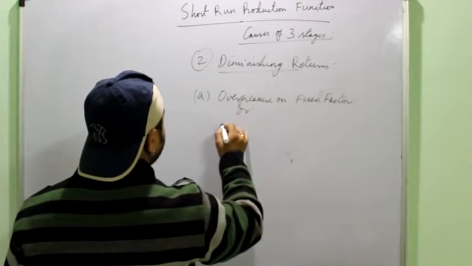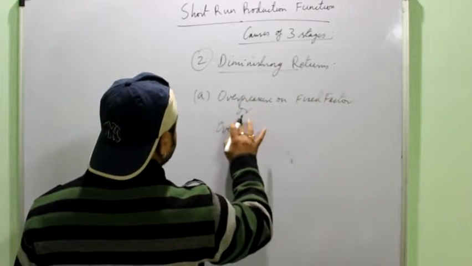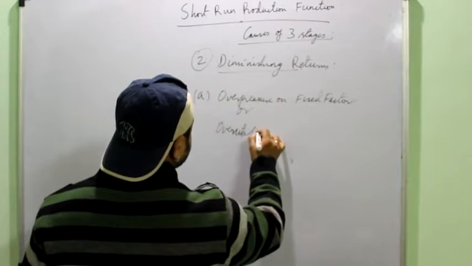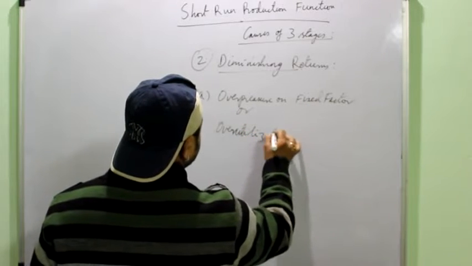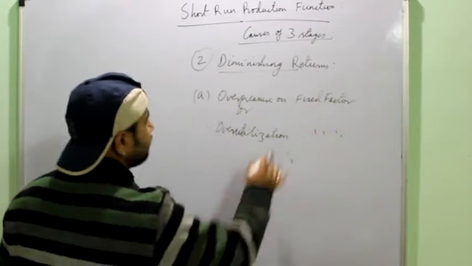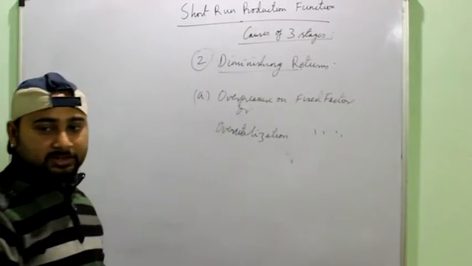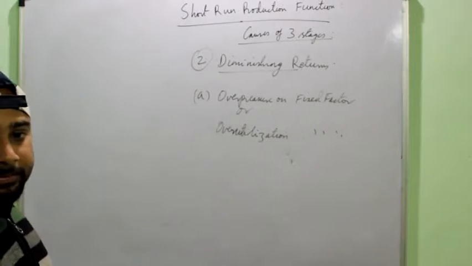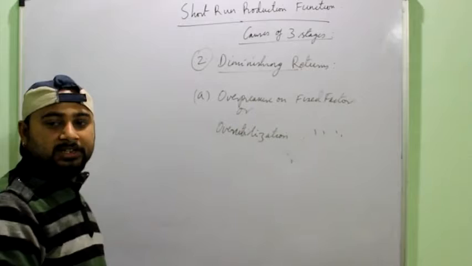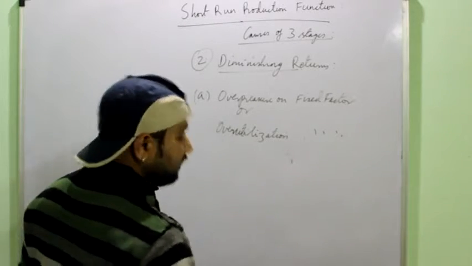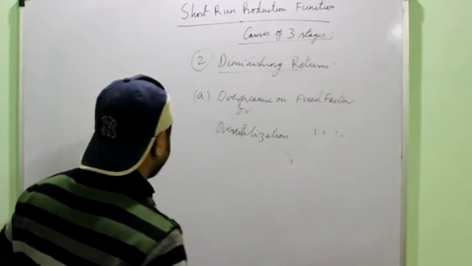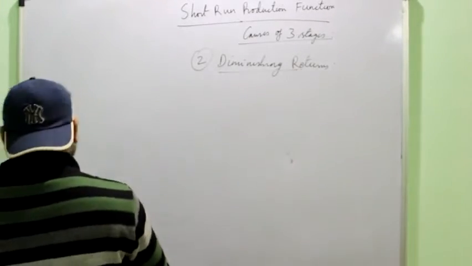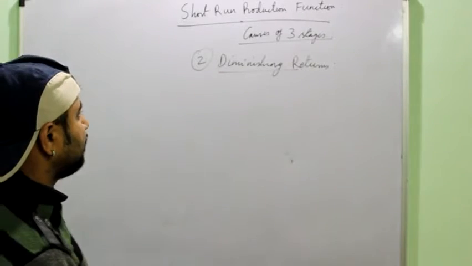Or you can also call it overutilization, using more than the capacity of the fixed factor, or pressure on the fixed factor. Constantly increasing the number of labor, 80, 90. What is happening? Pressure is falling only on the 4 machines which you have in the factory. So their performance tends to decline. And obviously more wear and tear, more depreciation.